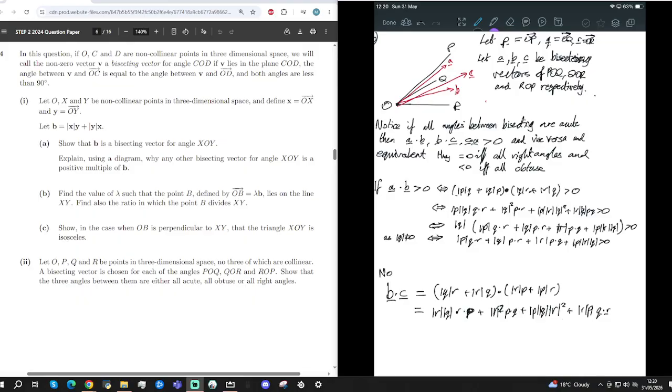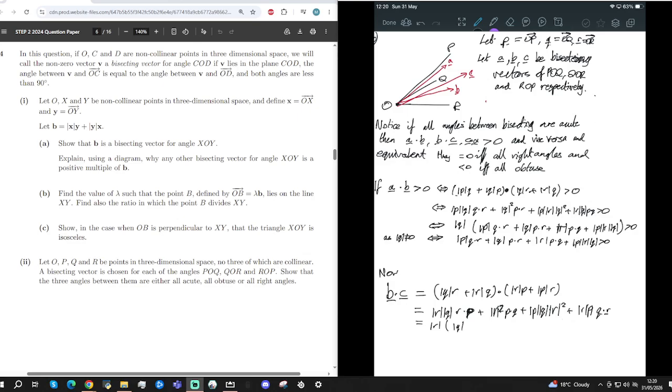So now B dot C has a common factor of mod R. R was the overlap between the B and the C, which is why that's a common factor.